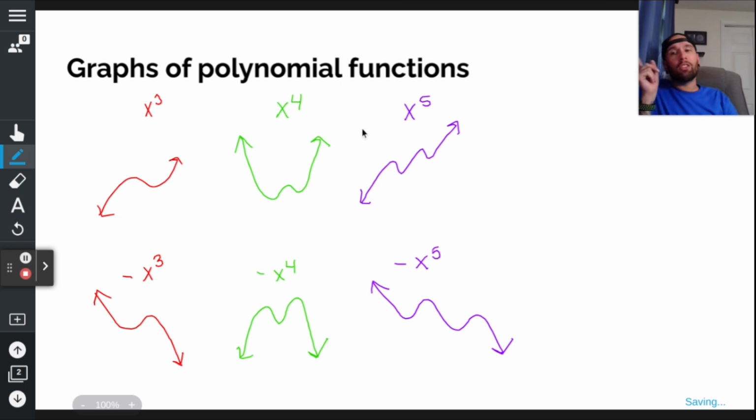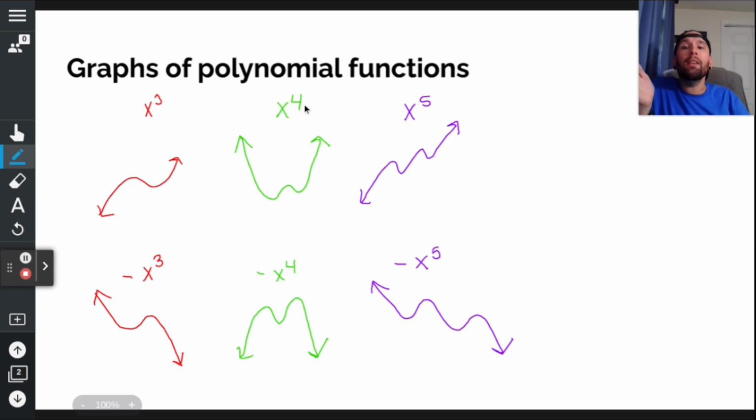So as you can see, when we deal with odd highest degrees, okay, odd degree, if it's a positive odd degree, so the same thing would happen with x to the 7th, regular x, x to the 9th, it starts from the bottom left and ends on the top right. Starts at negative infinity, ends at positive infinity.